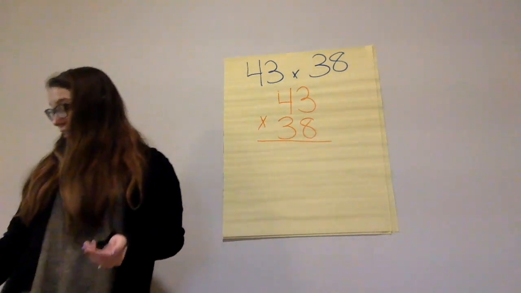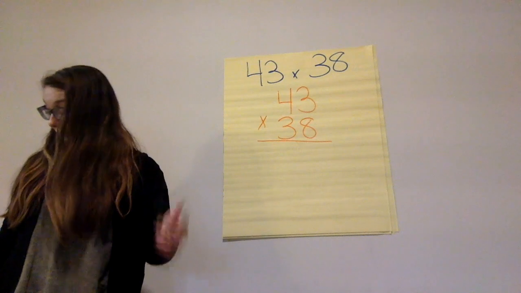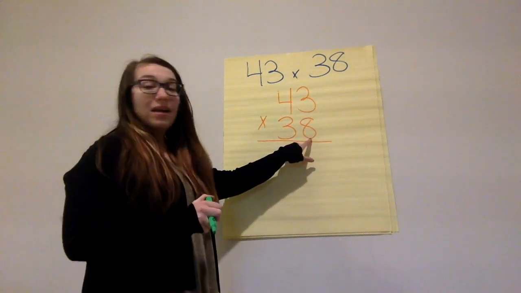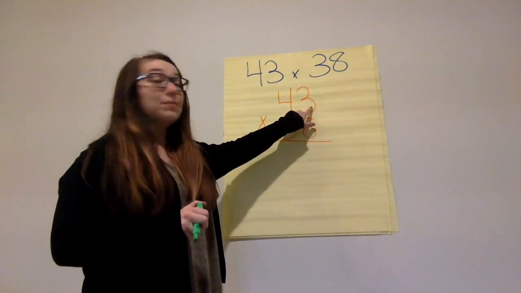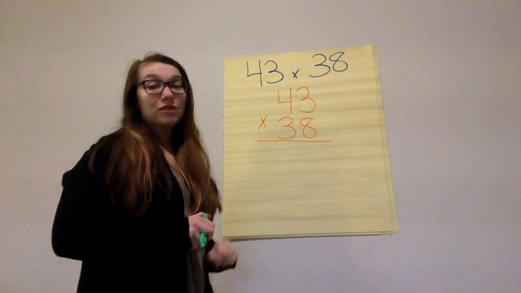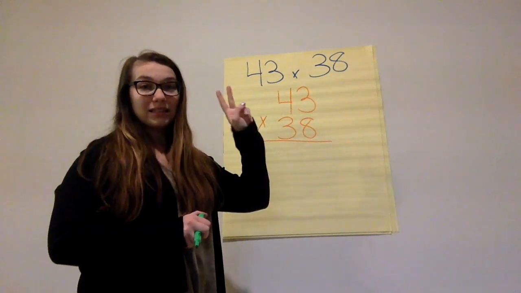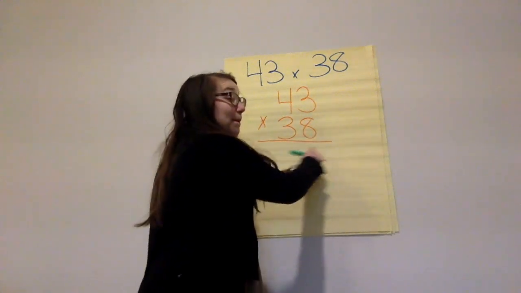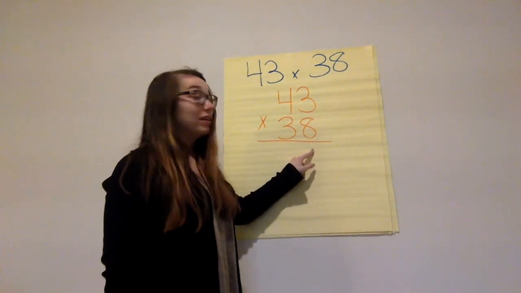Next, we're going to multiply. I'm starting in my 1 spot. I'm going to do 8 times 3. 3's in my other 1 spot. So 8 times 3. 8, 16, 24. Well, I can't just put 24 down here, right?